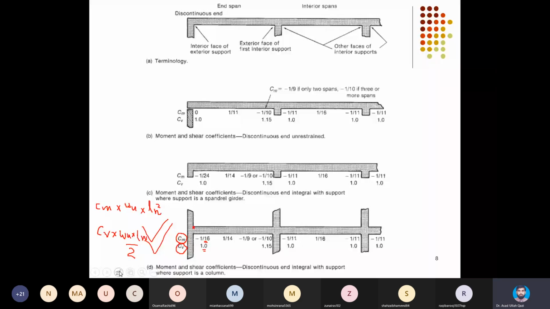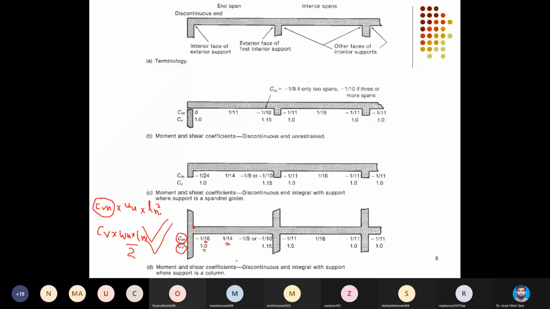So if the beam will frame into the RC column, hogging moment will be calculated by using coefficient 1/16, M negative. And the first span or exterior span positive moment will be calculated by using the coefficient 1/14, sagging moment.